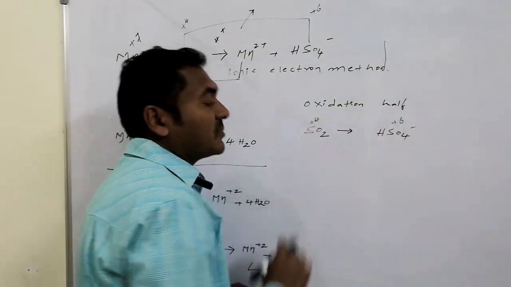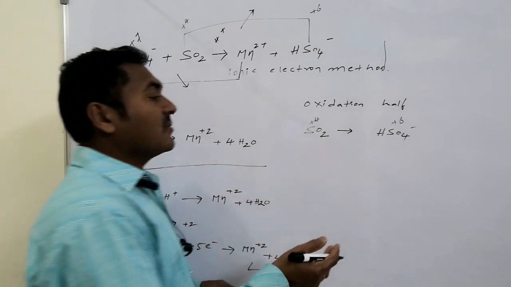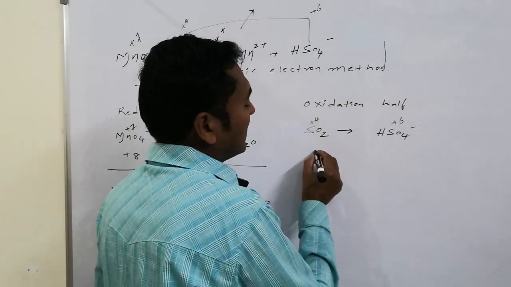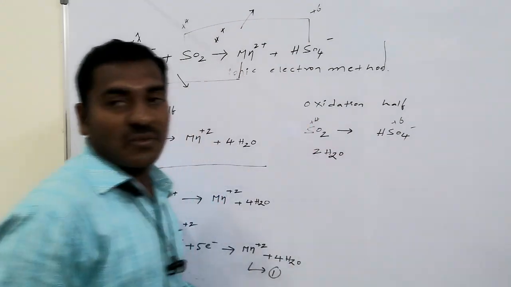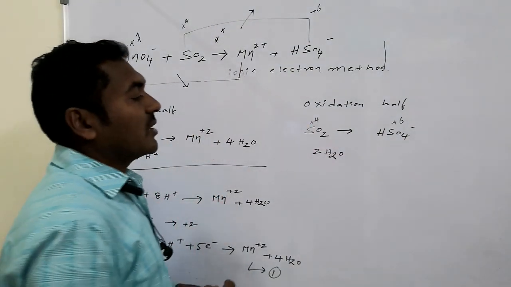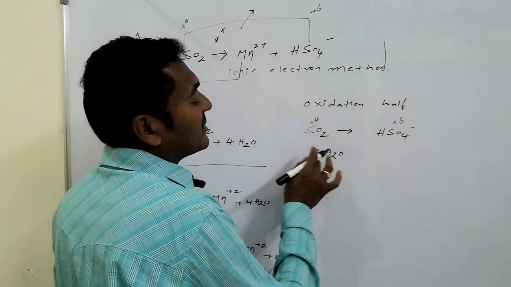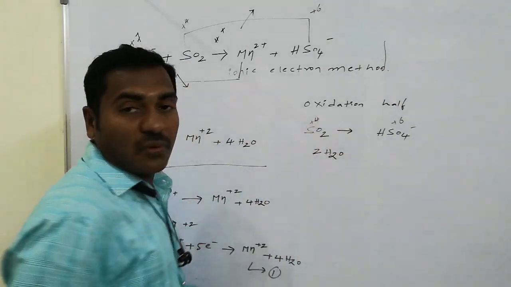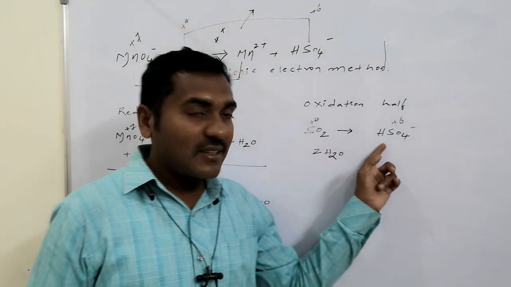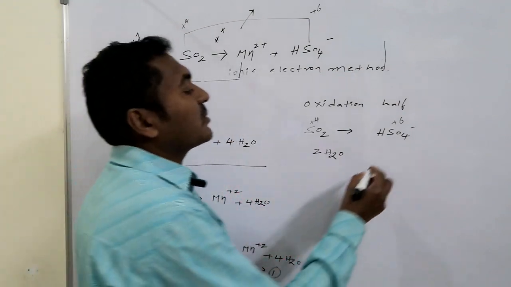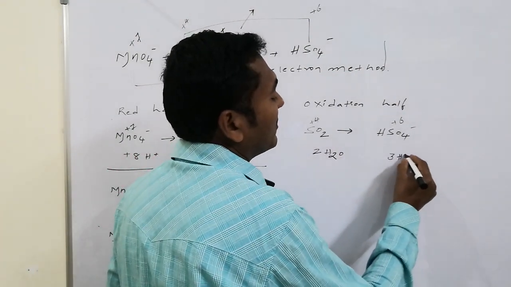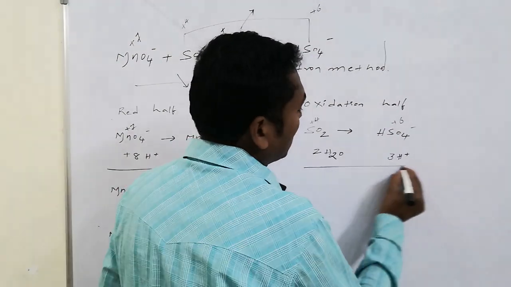The number of sulfur atoms remained constant, so we focus our attention on the other atoms, that is oxygen. Here 2 oxygens are lacking. We are adding 2 water molecules. After adding water molecules, we have 4 hydrogens, whereas on the product side we are having how many hydrogens? Only 1 hydrogen. To compensate, as it is acidic medium, we are adding 3 H plus ions.